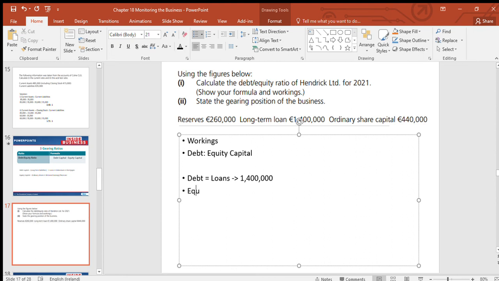What's my equity capital? Capital is money that you raise. My equity capital is going to be equal to my reserves plus my ordinary shares. So in this case, my reserves are 260,000, ordinary shares are 440,000. So 260,000 plus 440,000, giving me 700,000.